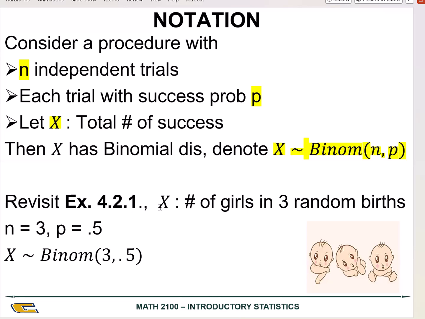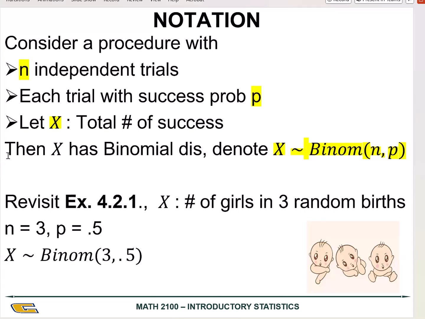So if we revisit the number of baby girls among 3 random births, n in our case is 3 because we have 3 independent trials, and p is 0.5 because the probability of getting a baby girl for each birth, roughly speaking, is 0.5. So the number of baby girls among 3 births follows binom(3, 0.5).